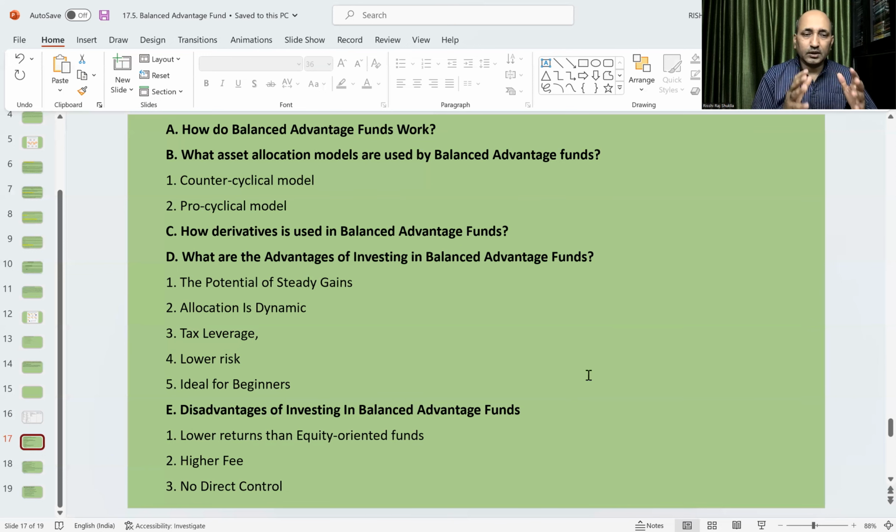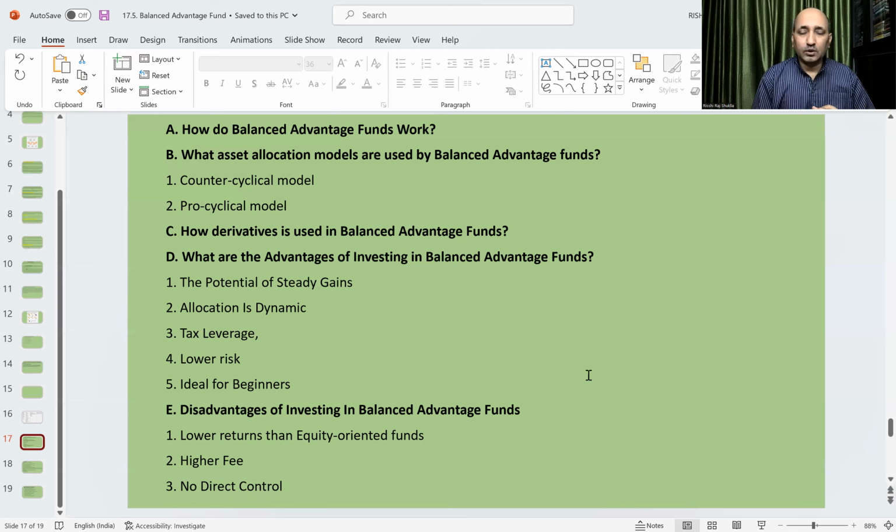But overall, if you see over a long period, 3 to 5 years, it provides wonderful returns, better than debt funds or hybrid funds. So lower returns than equity oriented is one disadvantage.